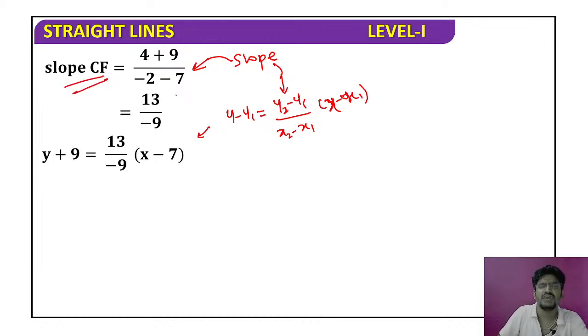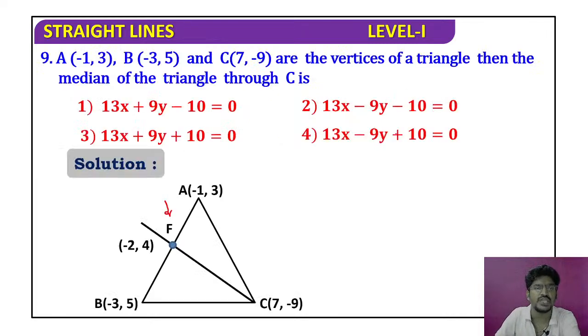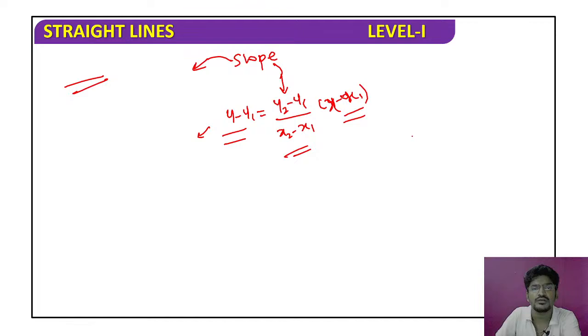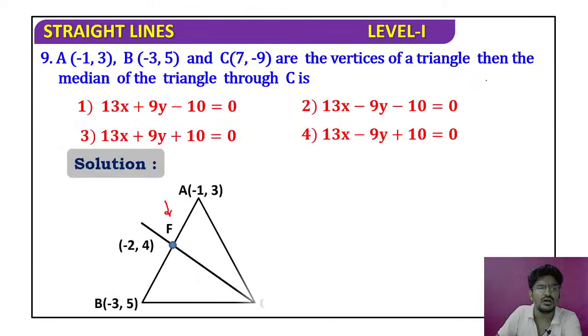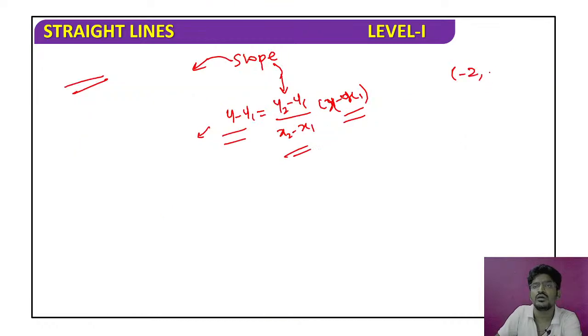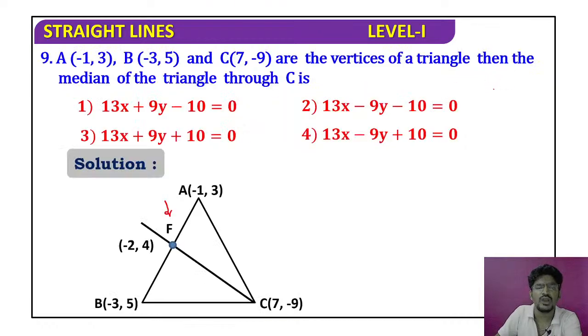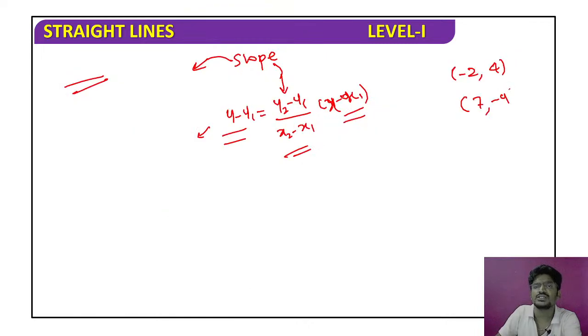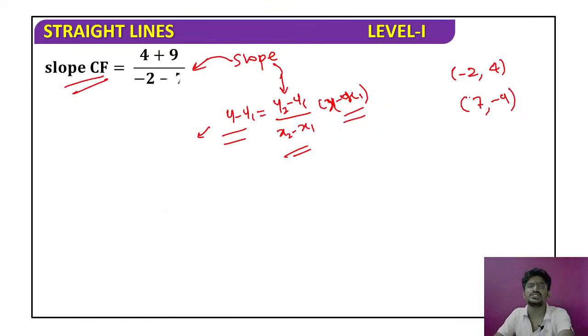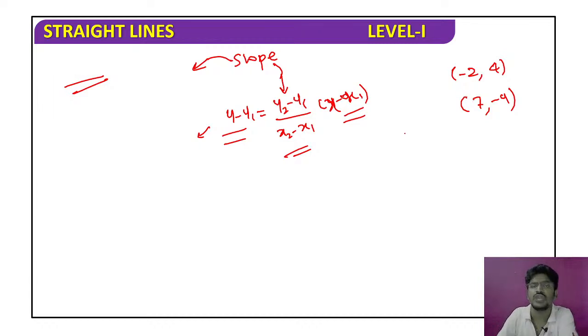They have directly solved it: 4 plus 9 divided by minus 2 minus 7. Or you can use this equation and simplify. What are the 2 points here? One is minus 2 comma 4, another one is 7 comma minus 9. So you can use these 2 points and find the slope. Clear? So use these 2 points.